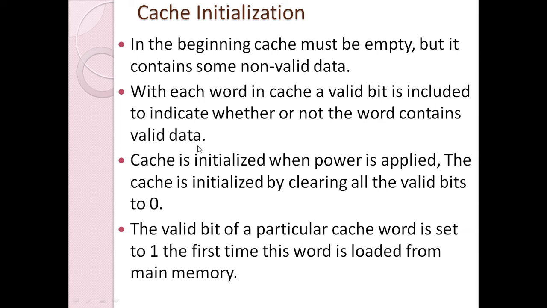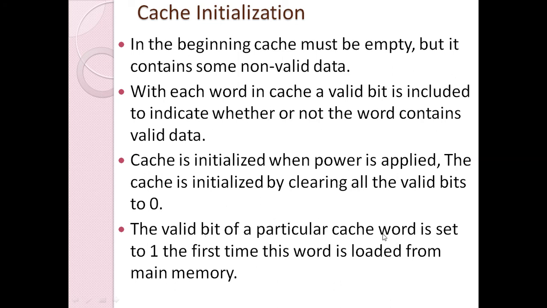So for each word in cache, there will be an additional bit called the validity bit or valid bit. If it is 0, that means data is not valid. The cache is initialized when power is applied, by clearing all the valid bits to 0. That will say that none of the data is valid.